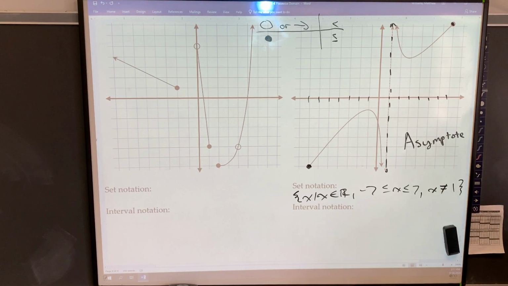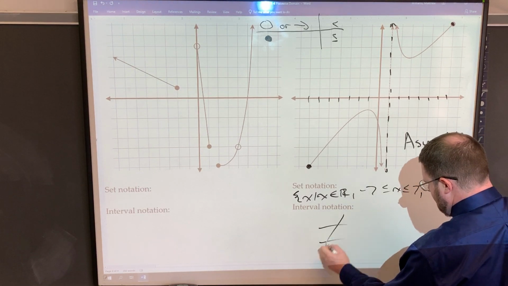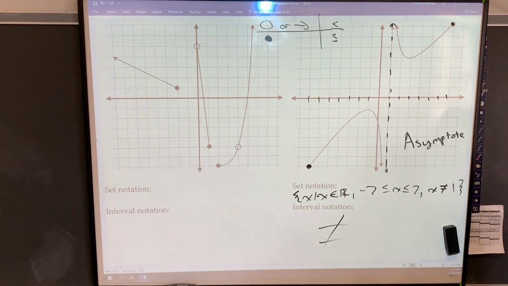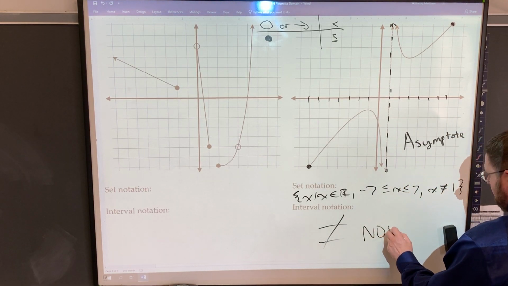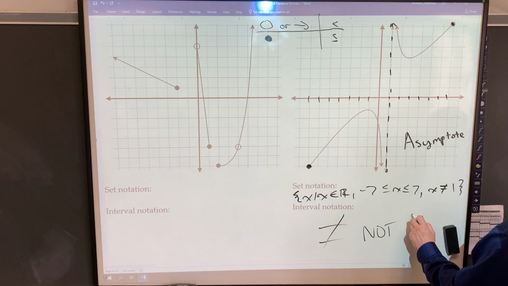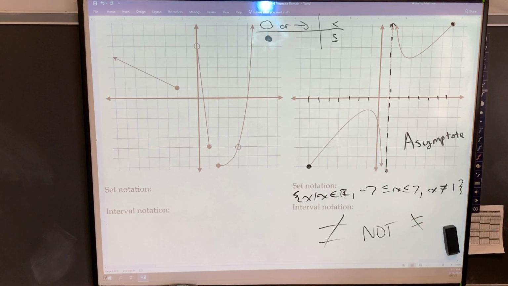That one value that we have. Remember, not equal to is written like that, okay? Not like that. Okay? So x is not equal to 1. That's how we exclude a single value.